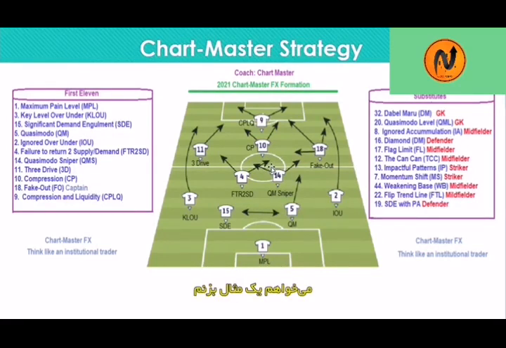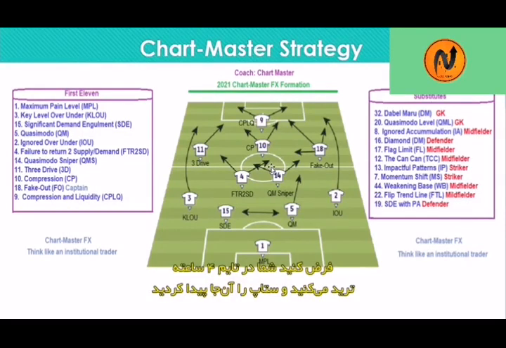I want to give you an example. The impactful patterns are used in the top-down analysis, which means you are starting from a higher time frame. Let's say you are starting from the weekly, you go to daily, you go to the H4, you go to the H1 up to M1.